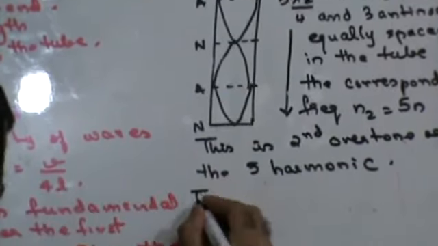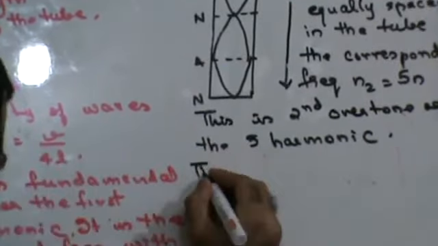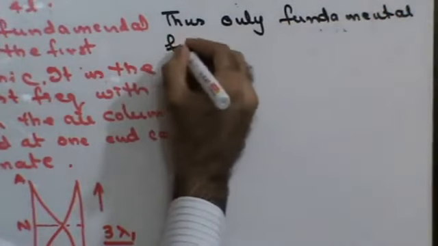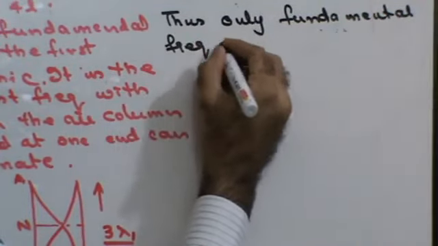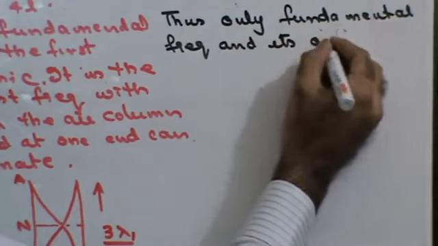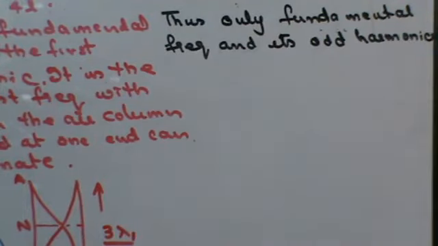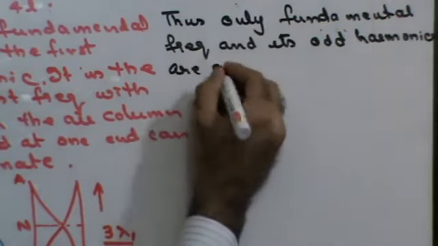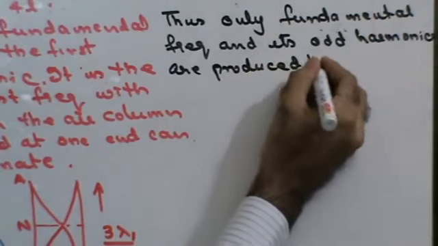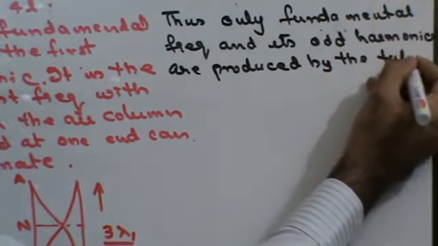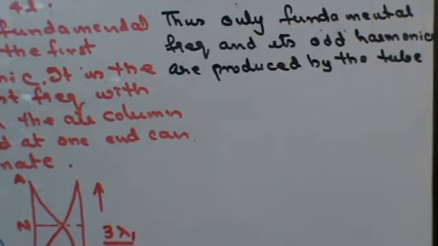So thus only the fundamental frequency and its odd harmonics are produced by the tube closed at one end.